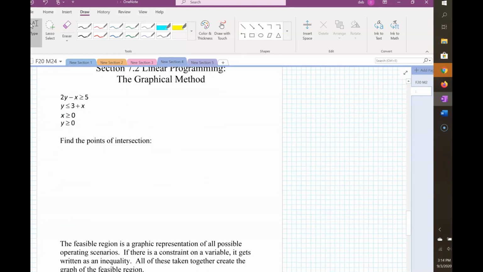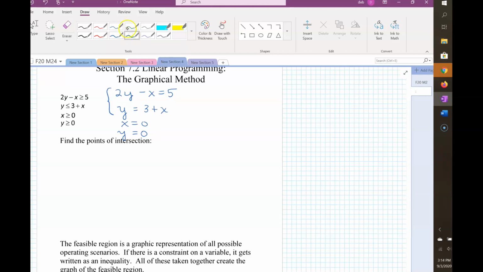Okay, so for the graph we just drew, we graphed the line 2y minus x equals 5, and the line y equals 3 plus x, and then the line x equals 0 and y equals 0. So if we were asked to find the points of intersection, you're being asked to find the solution to a system of equations.